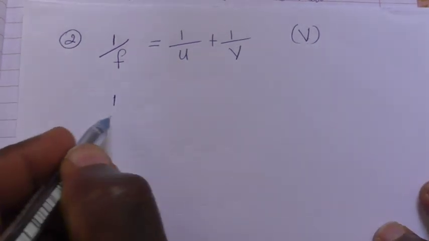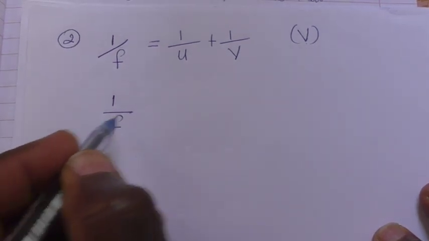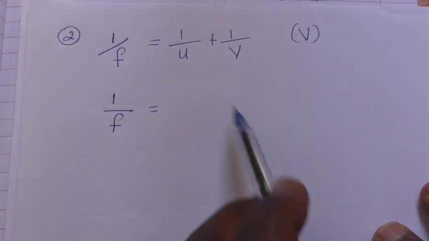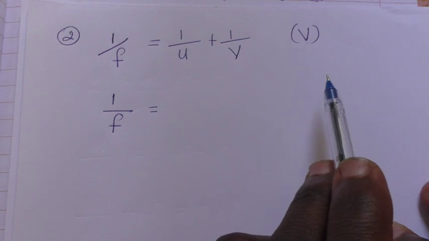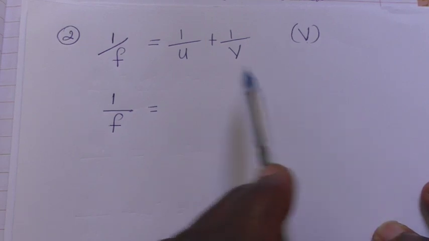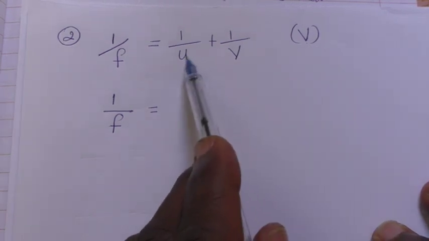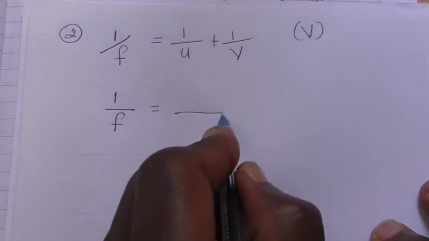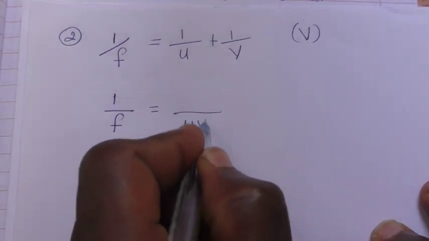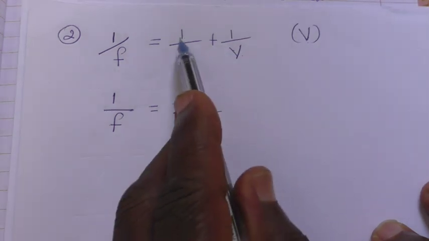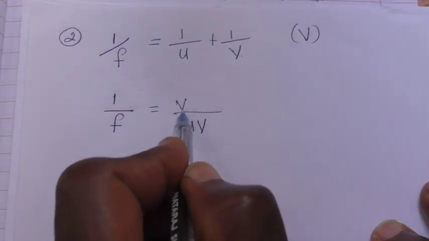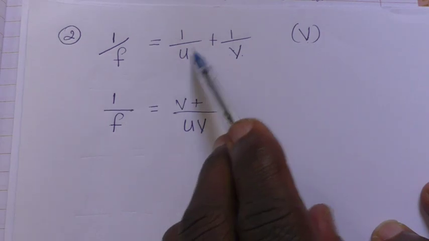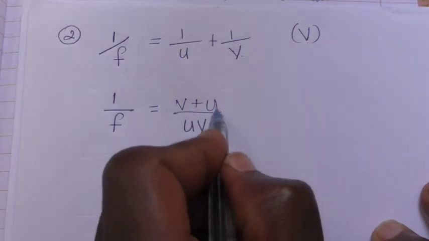That gives us 1 over f equals, we shall use the butterfly method of simplifying fractions. That is, I can multiply this and this to get the denominator, that is uv. Then I multiply this and that to get v, plus this and this to get u.